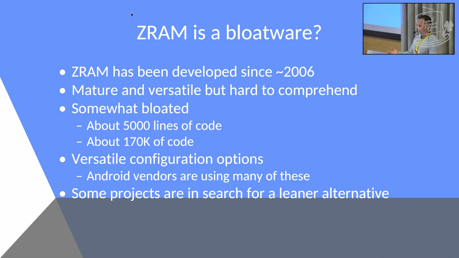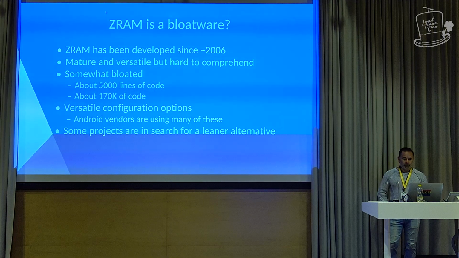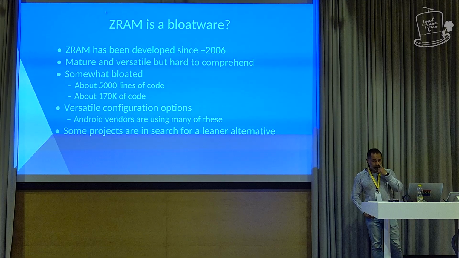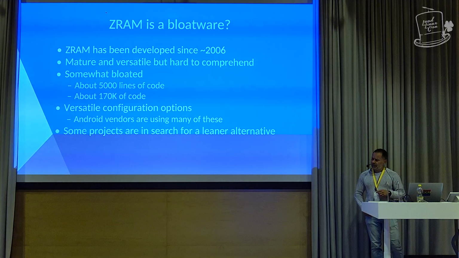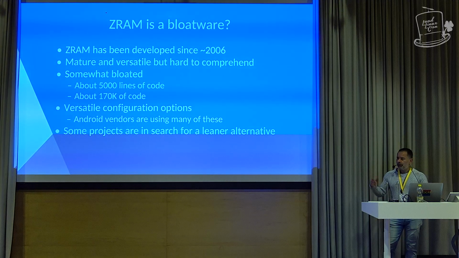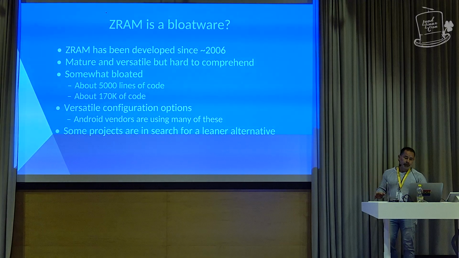For this particular purpose, which doesn't seem to be a huge, rocket science type of thing, we have 5,000 lines of code, which constitute like 170K. So that's probably a bit too much, maybe. And if we look closer into this, we can see that, of course, it's nicely written.